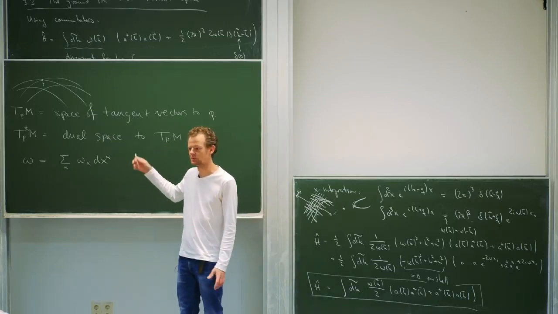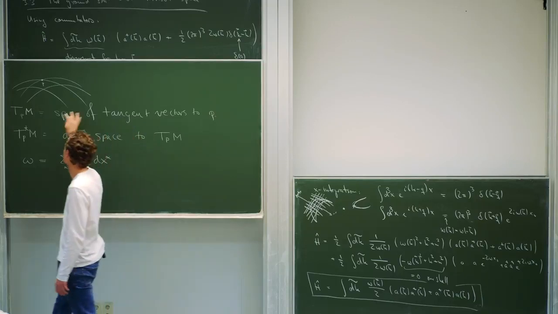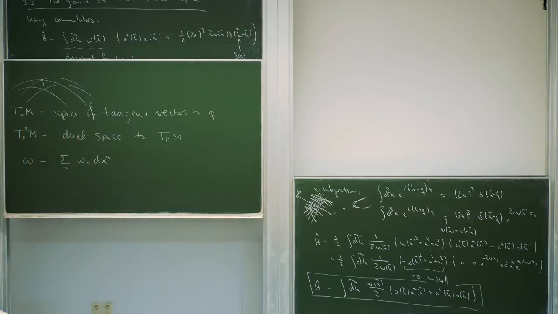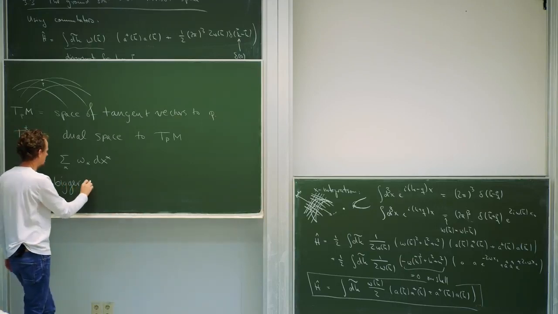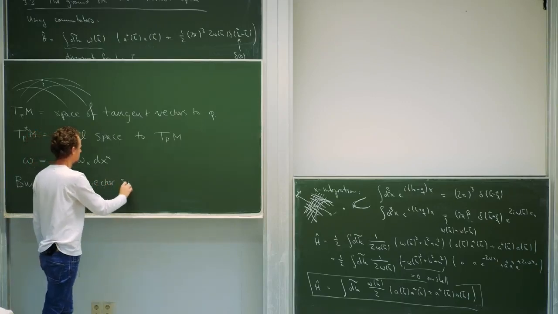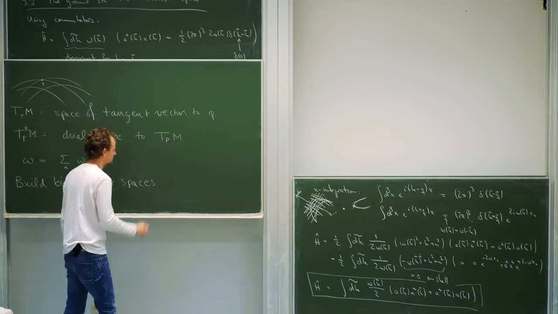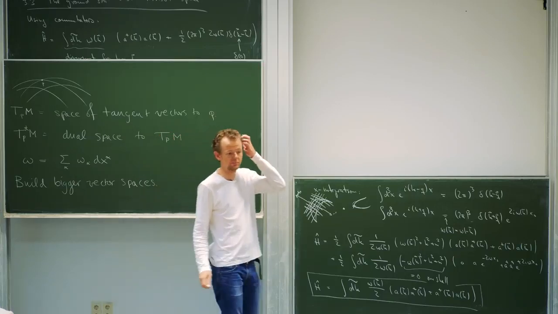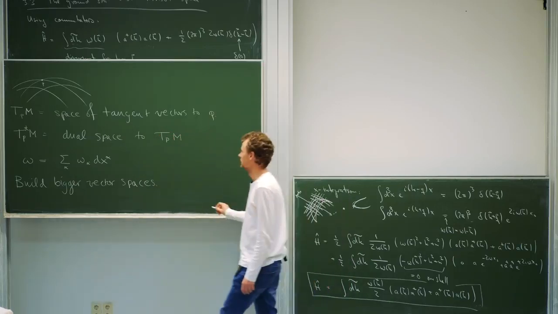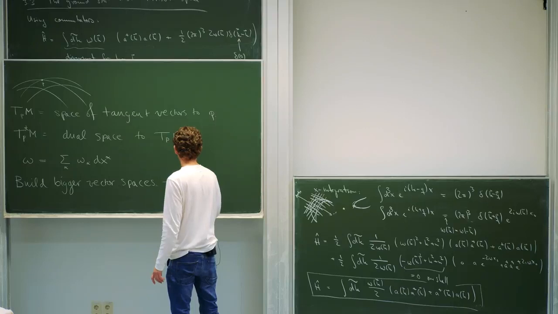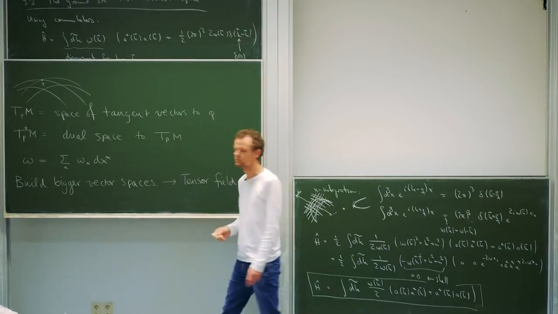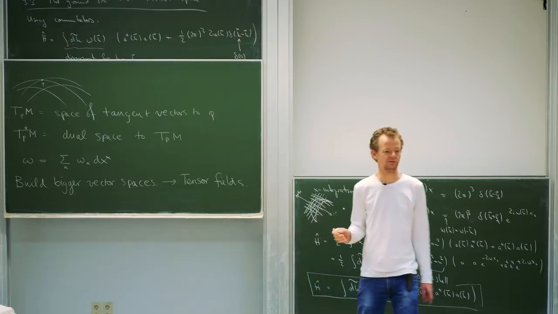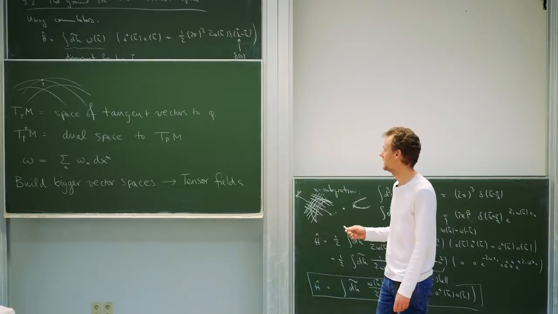And these bigger vector spaces will help us build integrals over, or higher dimensional integrals over this manifold M. So our goal in this lecture is to build bigger vector spaces, and this will lead to something called tensor fields, or fields of tensors on our manifold M.